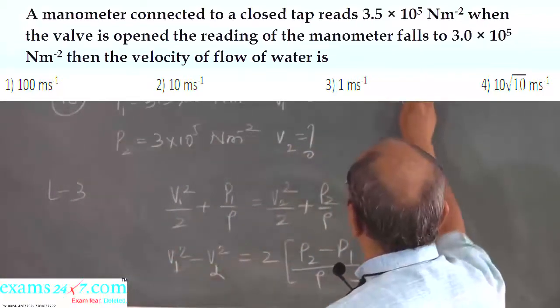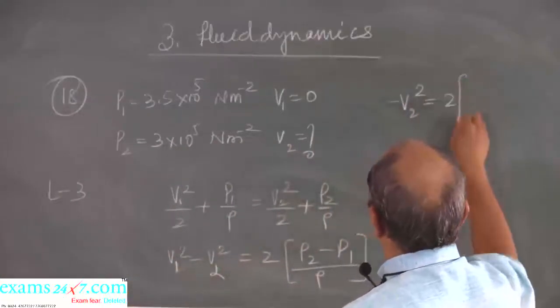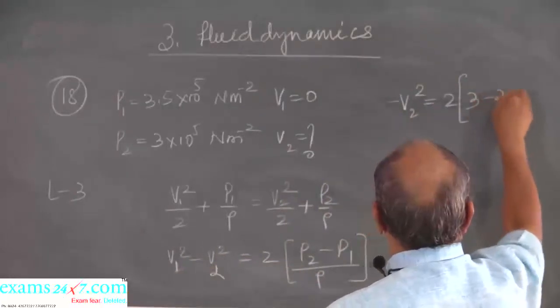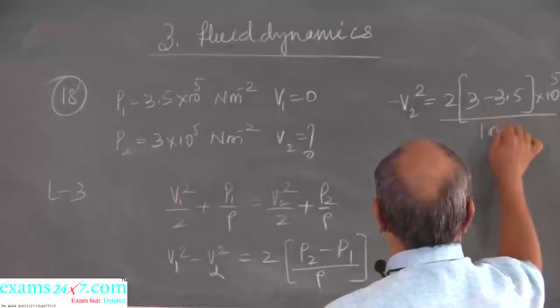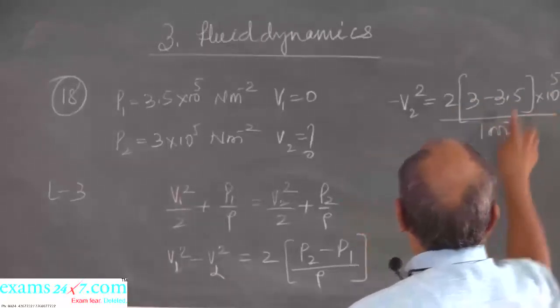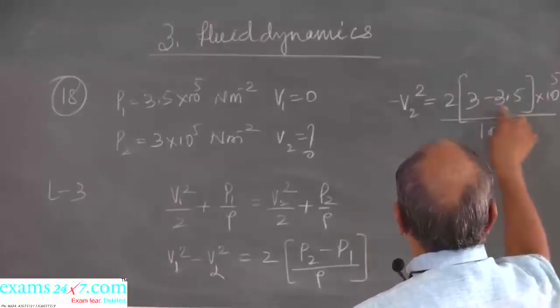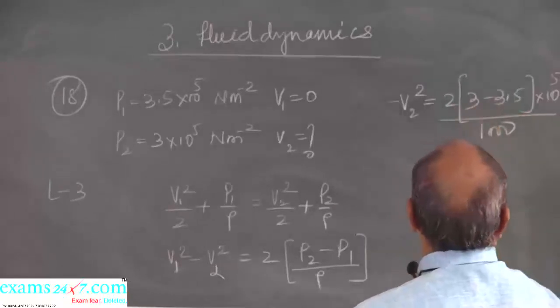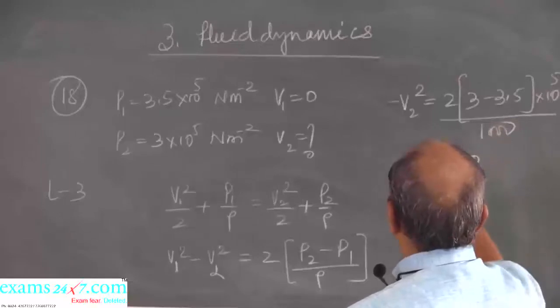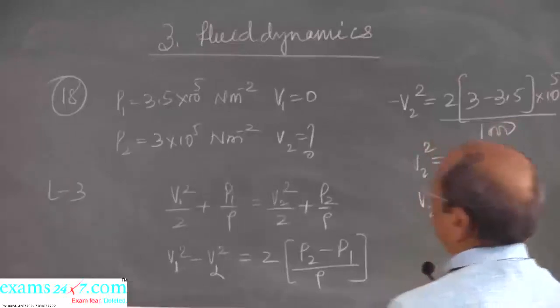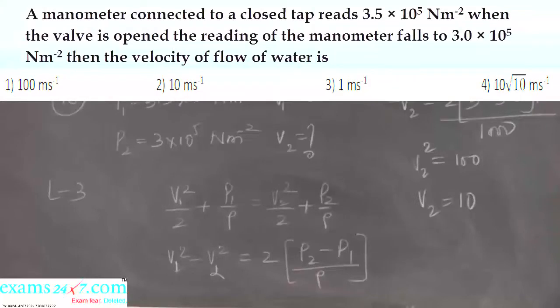Therefore minus V2 square is equal to 2 into 3 minus 3.5 into 10 power 5 divided by 1000. This minus 0.5 into 2 is 1, that becomes 100, 10 power 5, 10 power 3 cancels. V2 is equal to 10 meter per second. Option number 2.